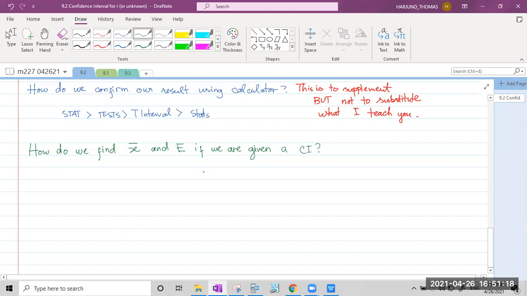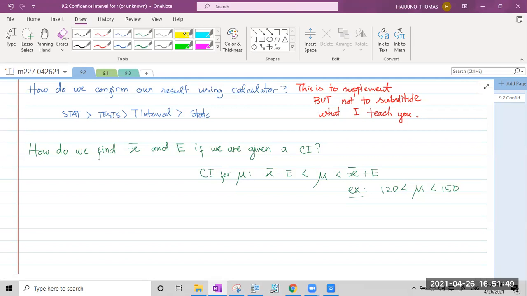So you know that a confidence interval for mu will be X bar minus E less than mu less than X bar plus E. Right? Let's say, for example, we have a confidence interval that is 120 less than mu less than 150.